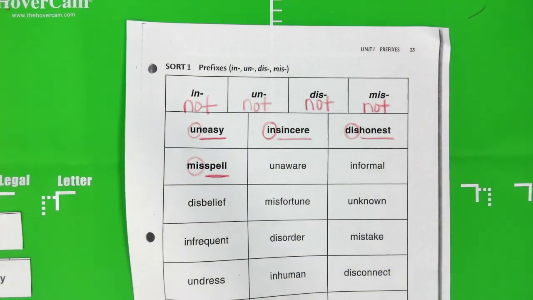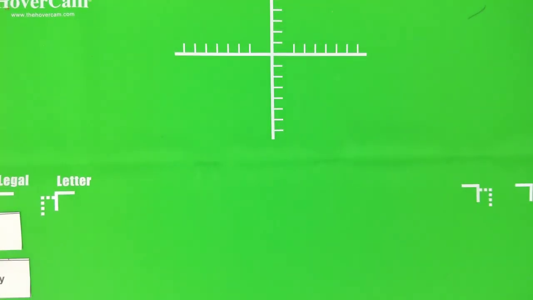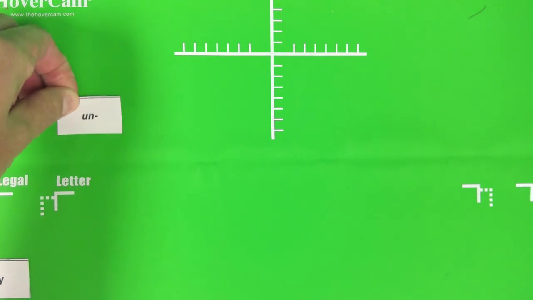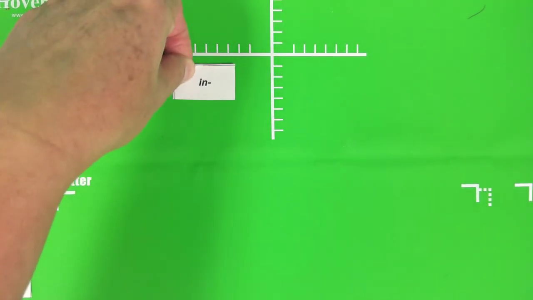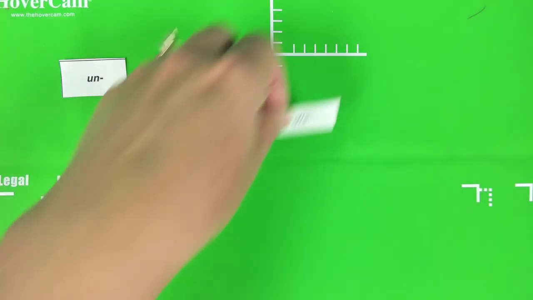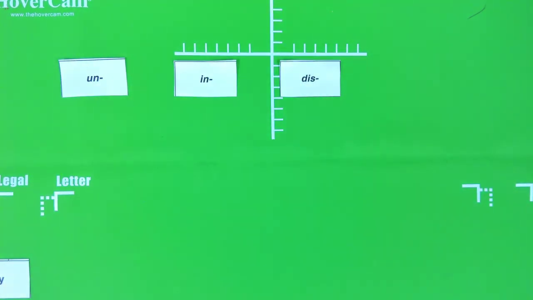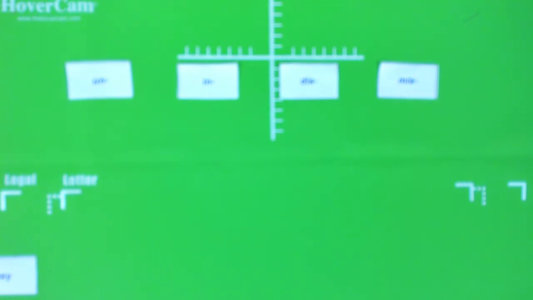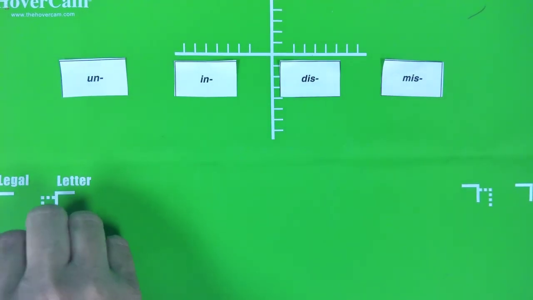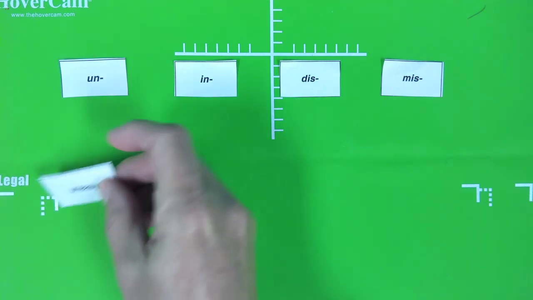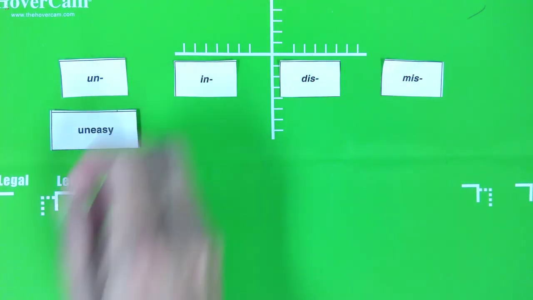Welcome back. All right, so what I want you to do right now is place these prefixes up at the top of the page. And we do know that they all mean the same thing, and that same thing is not. So I want you to put the anchor word for each of these prefixes under it. So the anchor word for the un prefix is uneasy.